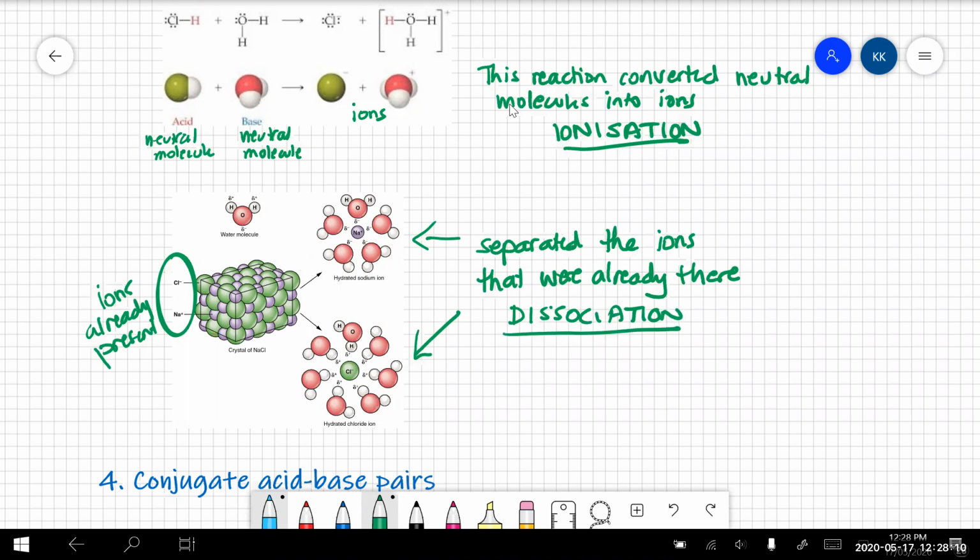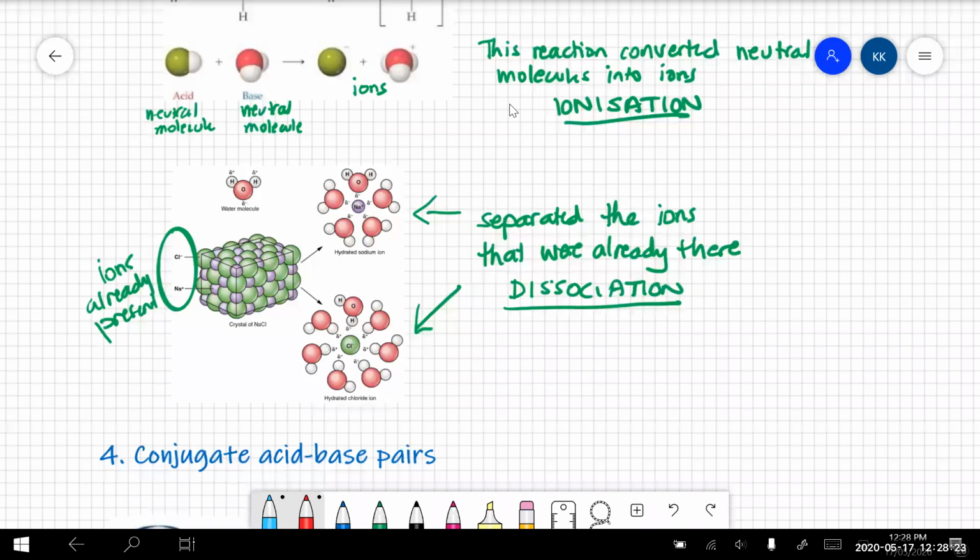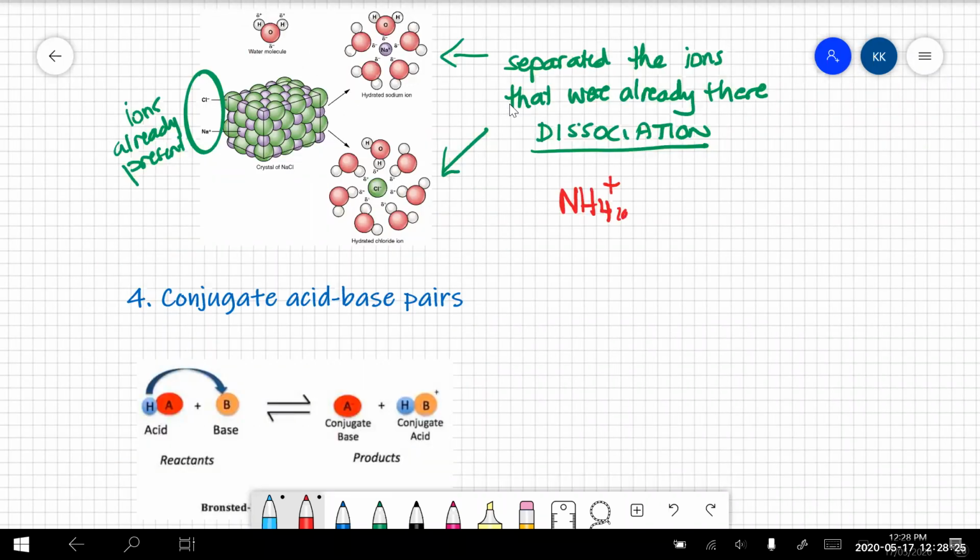Now, there are some interesting examples in acids and bases where we react an ion with a water molecule. Let's have a look at one of those. If we, for instance, had the ammonium ion, and we reacted that with a water molecule, then we could get ammonia and the hydronium ion.